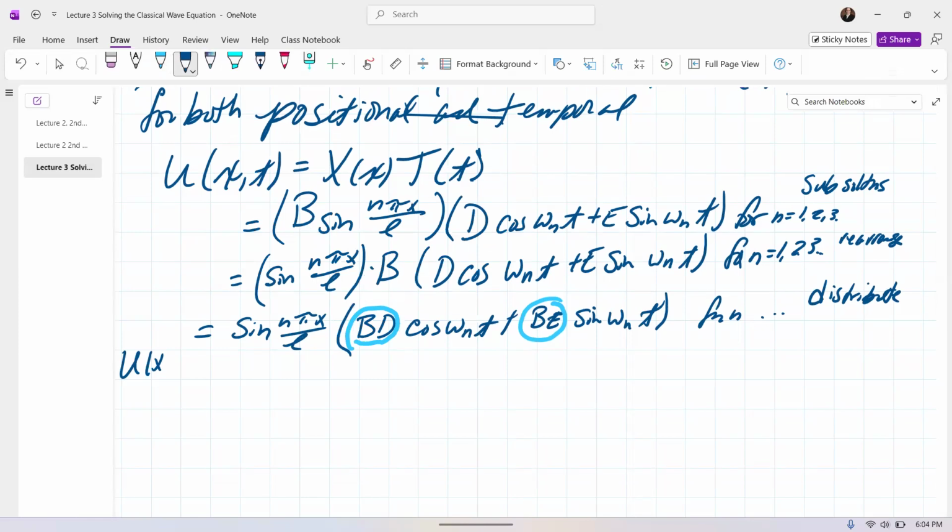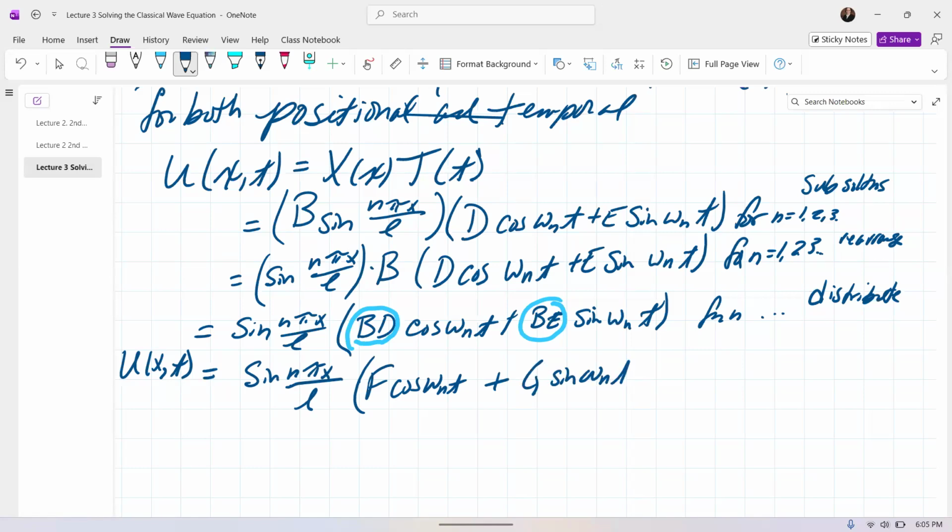U of x and t equals sine n pi x over L. And now we'll define a new constant, F, cosine omega sub n t plus G sine omega sub n t.